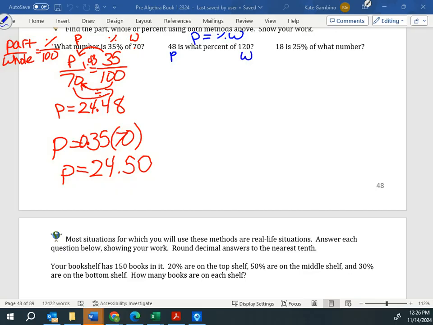And then what percent is your percent? Perfect. So we know what we're going to use to put into our proportion. So who can set up our proportion for me? Natalie. 48 over 120 equals percent over 100.